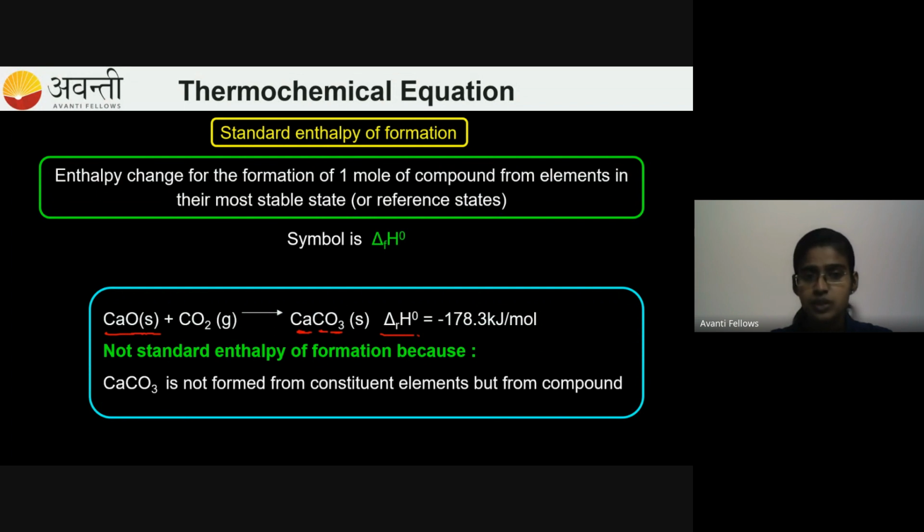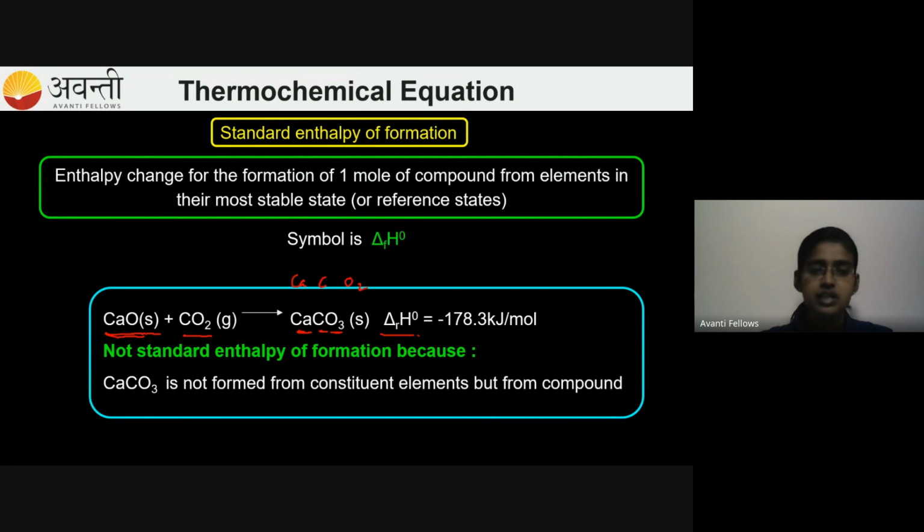The constituent element is calcium, for carbon it is graphite, for oxygen it is O2. But here we don't have such elements. We have calcium oxide and carbon dioxide. So CaCO3 is not formed from its constituent elements, but from other compounds. So delta HF naught, that is standard enthalpy of formation, cannot be written for this reaction.